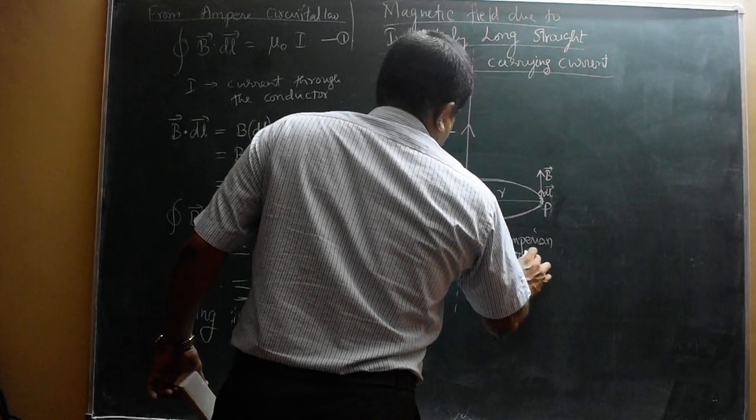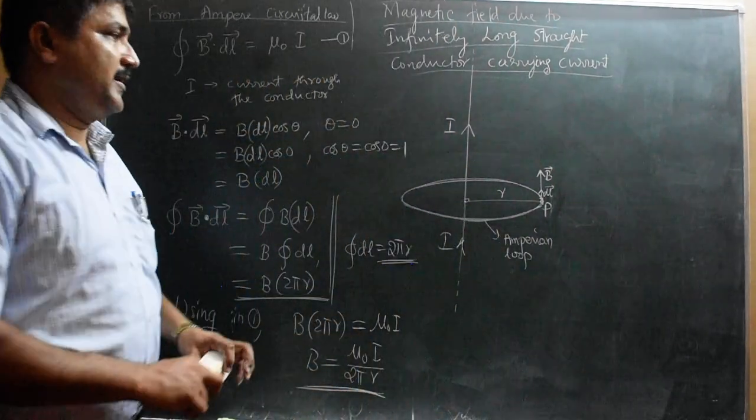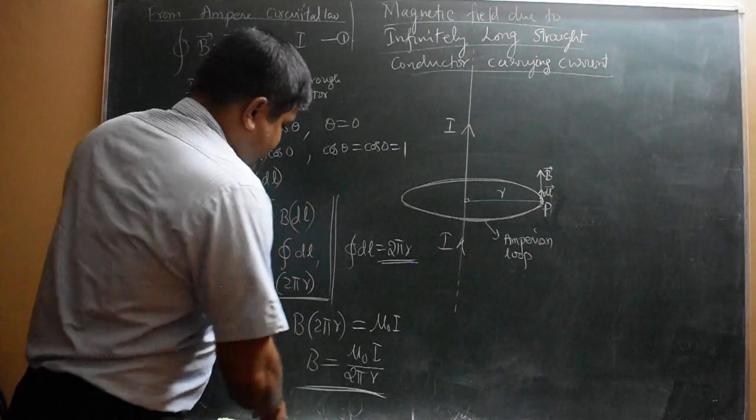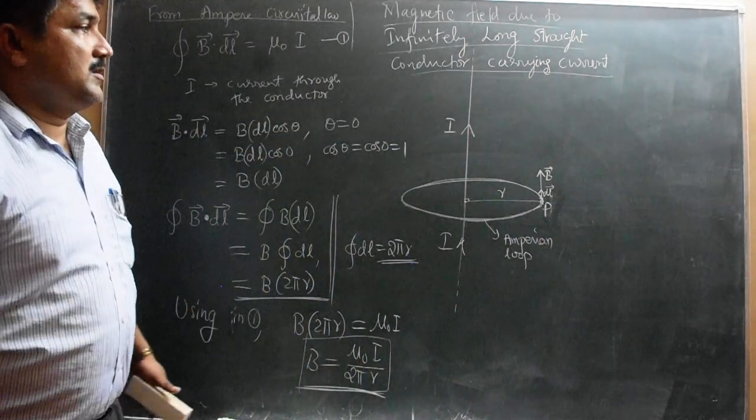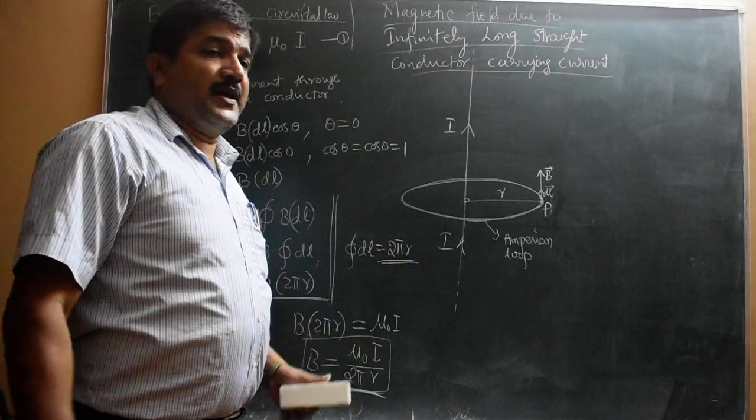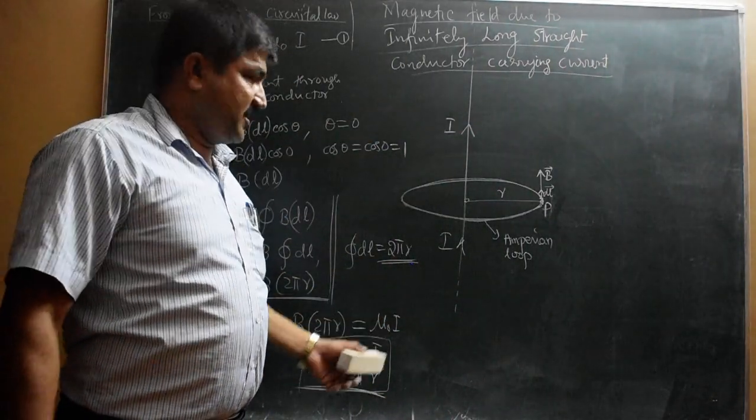So this is the expression for the magnetic field due to an infinitely long straight conductor carrying current.